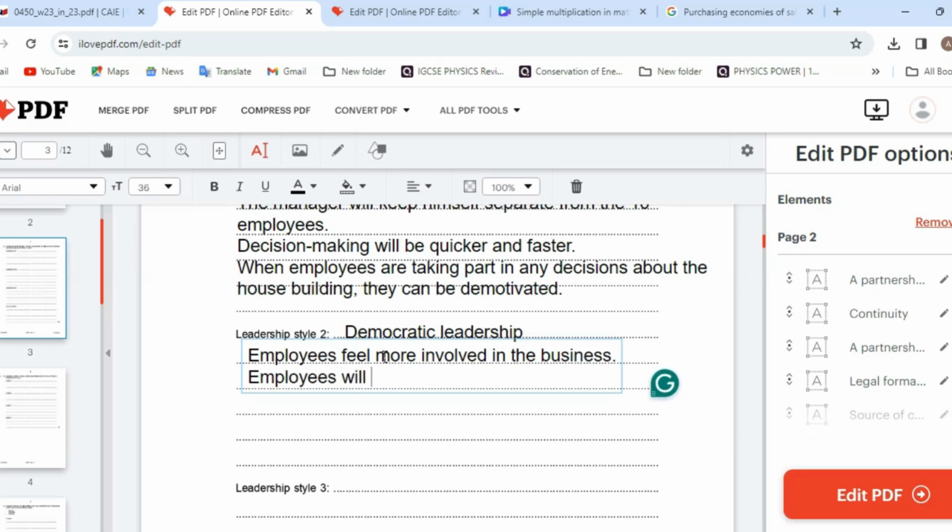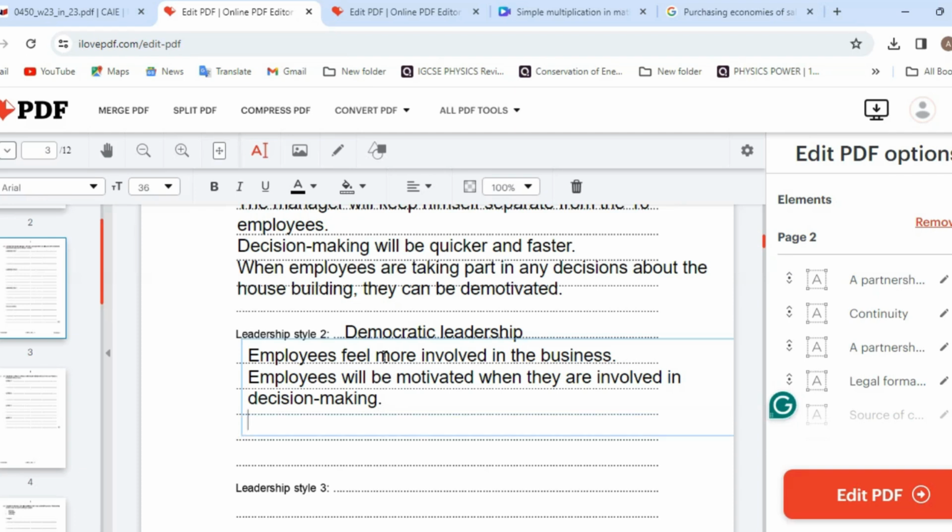Employees will be motivated when they are involved in decision making. Here, the first disadvantage is that waiting for an employee to contribute may be time consuming.